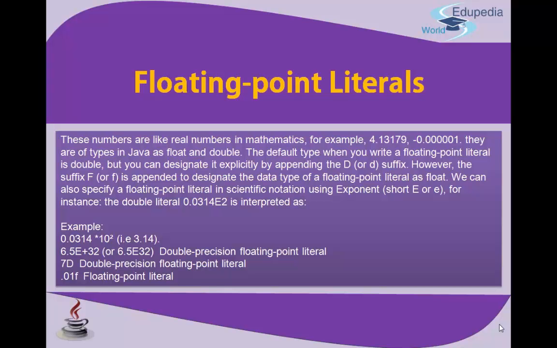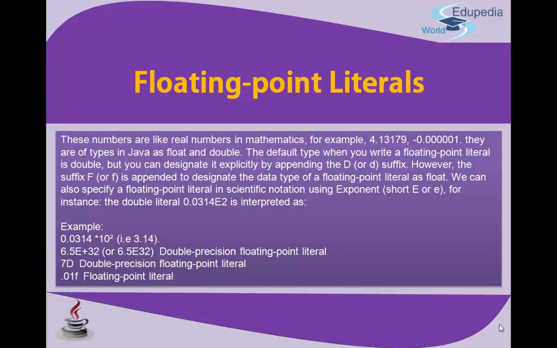The default type when you write a floating point literal is double, but you can designate it explicitly by appending the D or d suffix. However, the suffix F or f is appended to designate the data type of the floating point literal as float. We can also specify a floating point literal in scientific notation using the exponent E or small e.